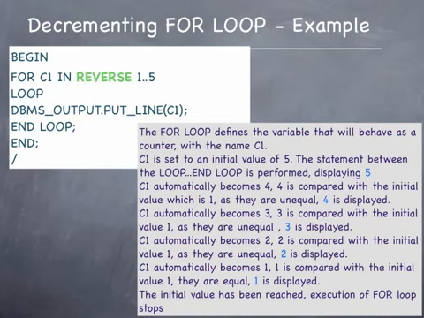So when you execute the program, the current value held by the variable C1 will be displayed on the screen. When you write this type of decrementing for loop, the low value should still be written before the high value. That is why you see it written as 1 dot dot 5 and not 5 dot dot 1. The execution of this loop is also displayed on the slide. You might want to take a few minutes to go over it.